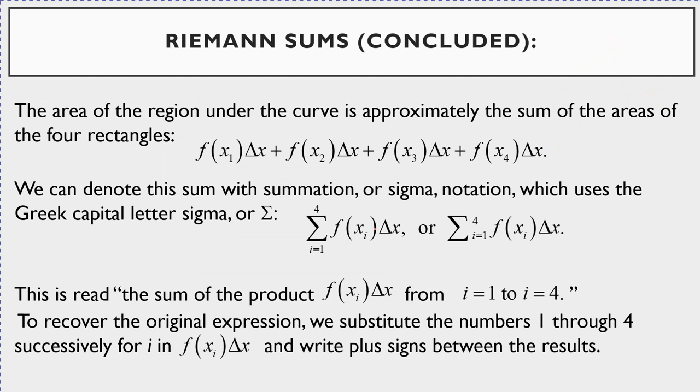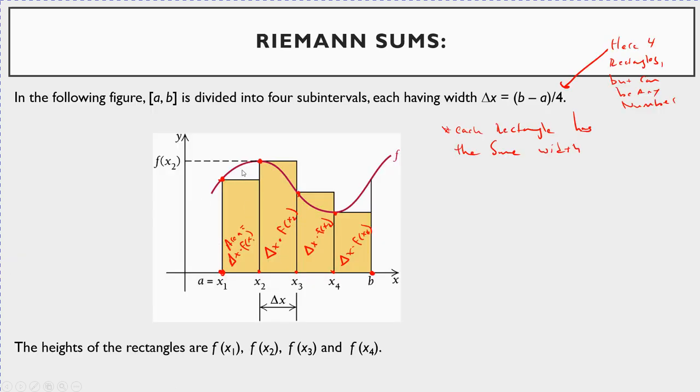So the area under the curve is approximately the sum of the areas of these four rectangles. As you see here, I wrote it backwards as delta x times, but you get the idea. The area of these rectangles is not the exact area. It's just an approximation. We're missing this area, but this one overestimates, this underestimates. It's a good approximation.